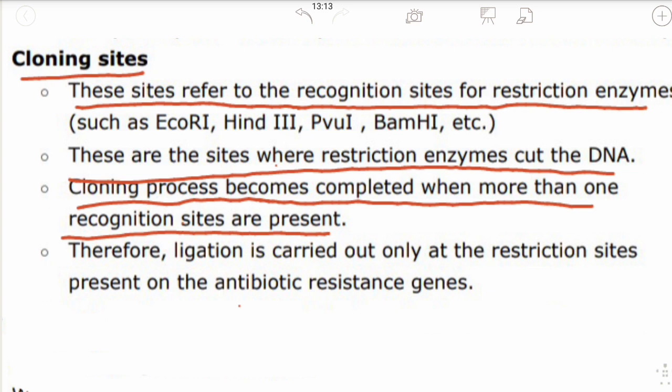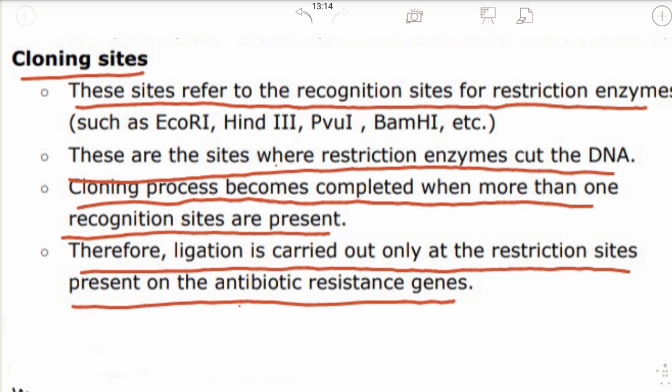Ligation is carried out at the restriction site. DNA ligases are the enzymes that identify and seal the breaks in the DNA.